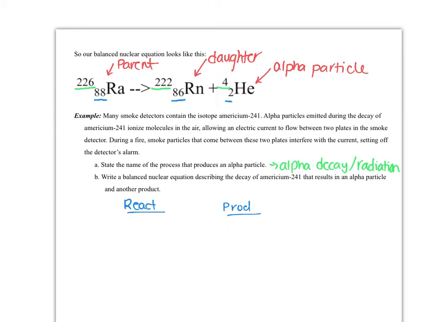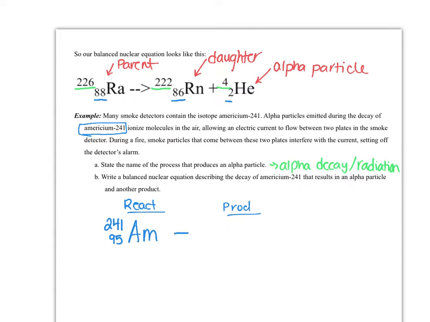I find americium, Am, is element 95. So what we're going to write would be its symbol, Am. And we're using americium-241, not the 243 that's listed in our data booklet, simply because they told us which isotope of americium we're using. And then I'm going to write its atomic number below, which was 95.